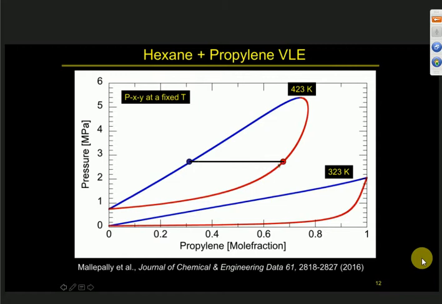So liquid and vapor are in equilibrium. As you go up in pressure, you see the tie lines shrink. Once you hit the mixture critical point, the tie line becomes a point. There is no distinction between vapor and liquid phase.